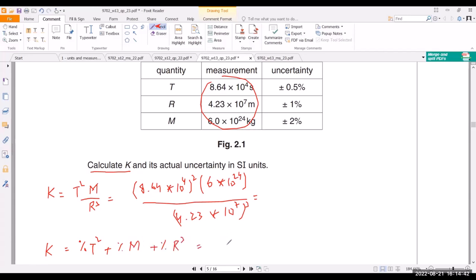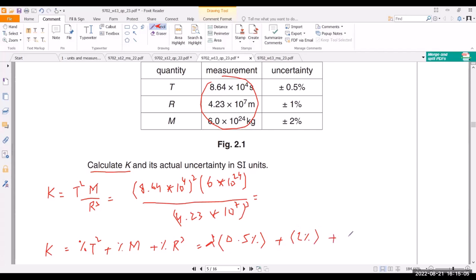Now, in percentage uncertainty in T square, as I said, the value of T is given, so power will be multiplied before, and the percentage uncertainty in T is 0.5%. Plus the percentage uncertainty in M is 2%.